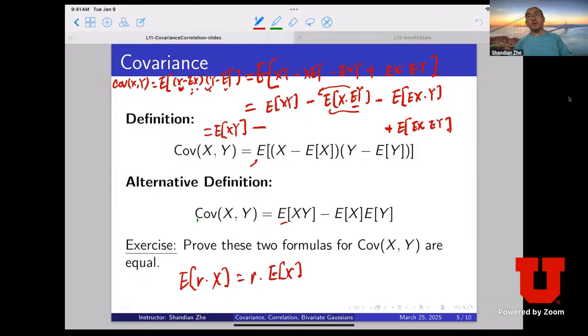So to simplify, we can move E[Y] out of the expectation, and we have E[Y] times E[X].